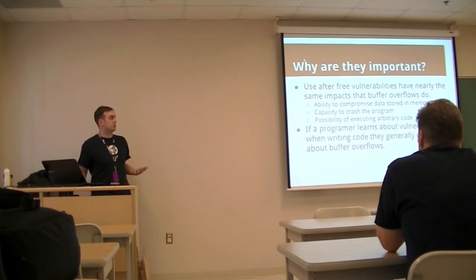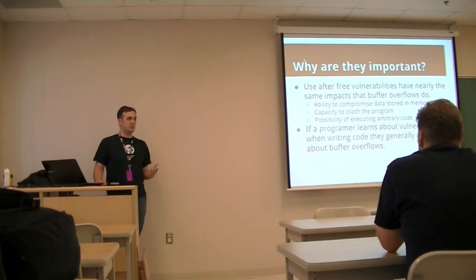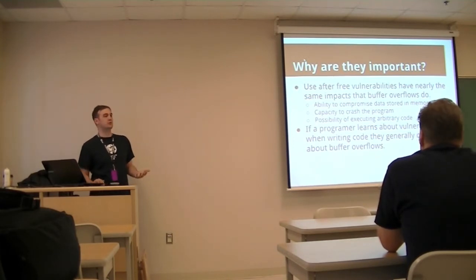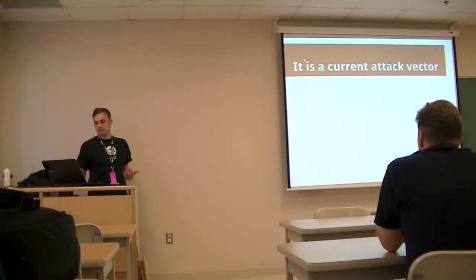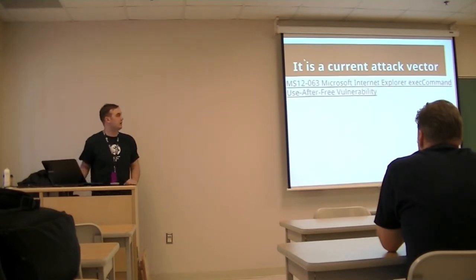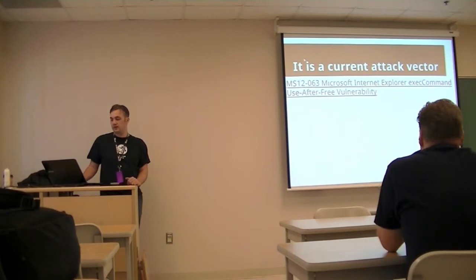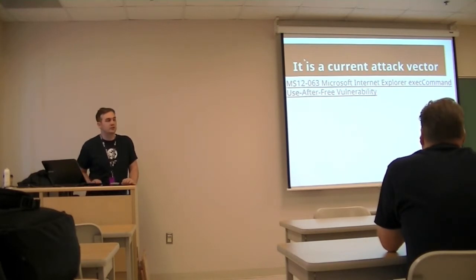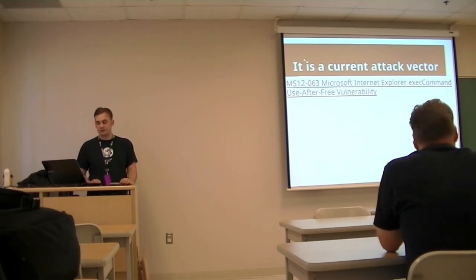If a programmer learns about any vulnerabilities, generally they're only going to learn about buffer overflows until they become a much more experienced programmer. It is a current attack vector. We have MS12-63, a vulnerability in Microsoft Internet Explorer, which was a use after free vulnerability.